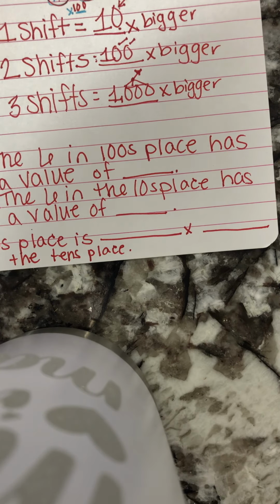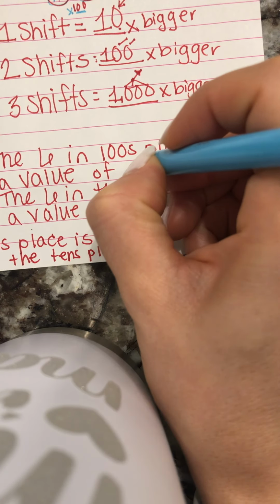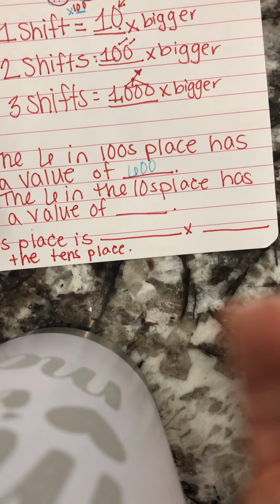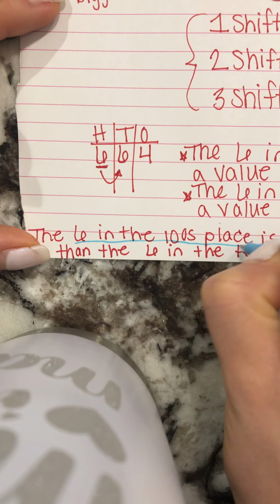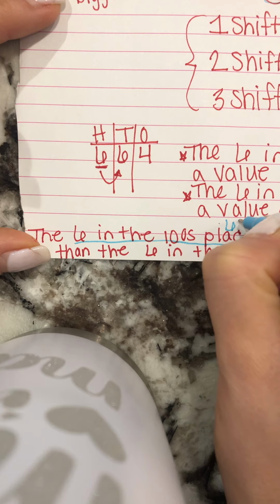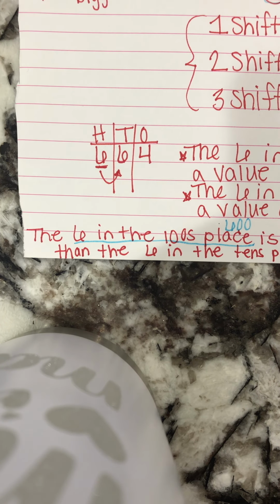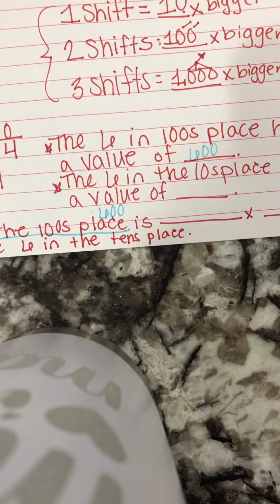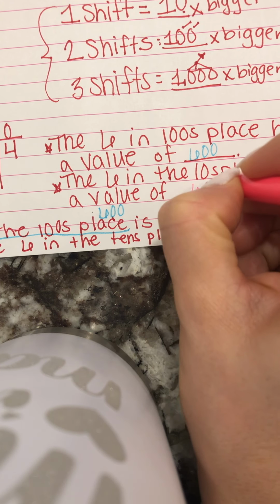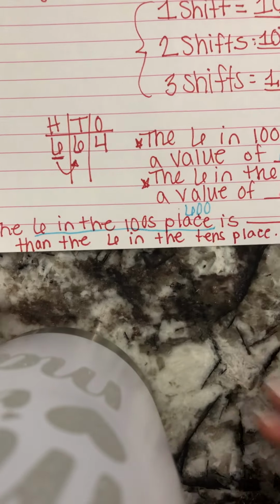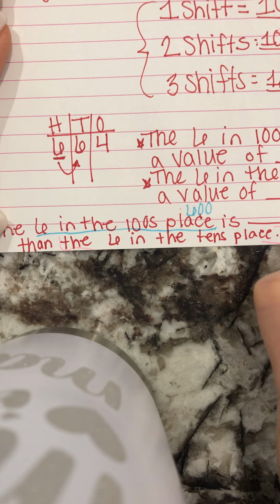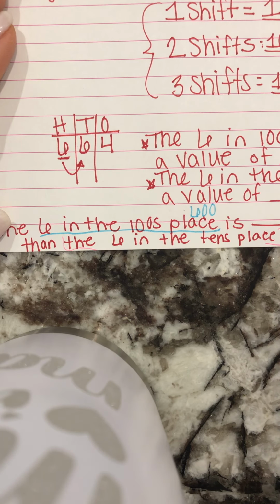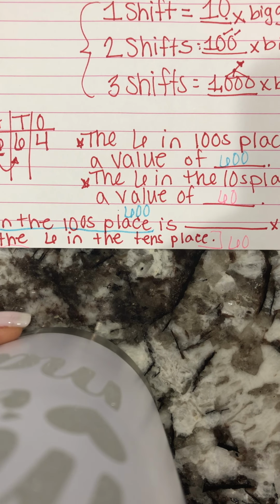So hopefully you guys were able to fill in these two blanks. The 6 in the hundreds place, that's worth 600. I'm going to translate this whole part of my sentence to say 600. Hopefully you guys were also able to figure out that the 6 in the tens place is 60. So I'm going to take this whole part of my sentence and change it to 60. So now my sentence is, we're getting a little bit cramped here.